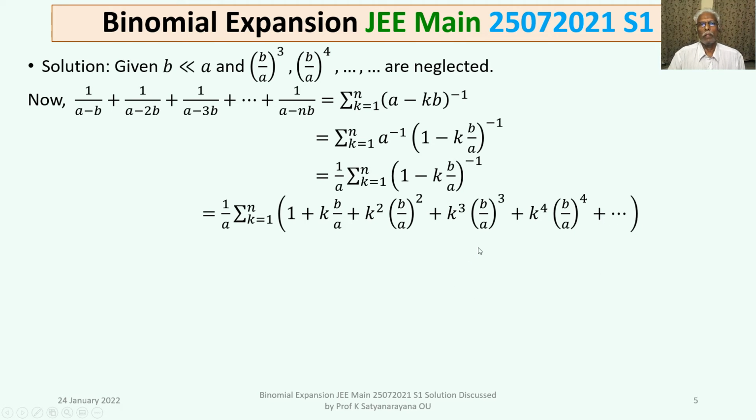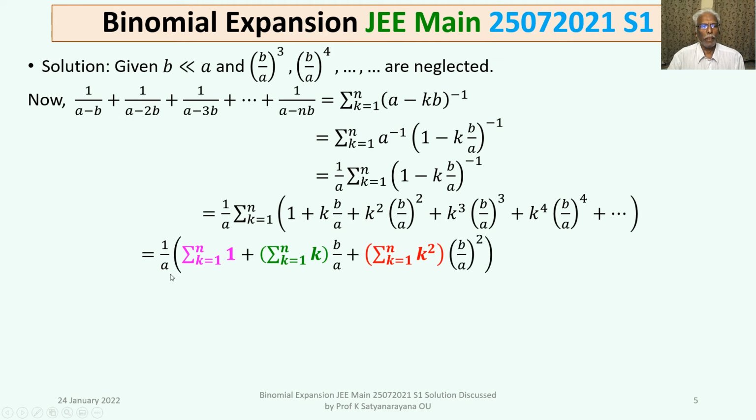But we are given that b by a whole cube, b by a whole to the power of 4 and the higher powers are neglected because b is very small when compared to a. When you neglect them, these terms will go away and the sigma will come inside.